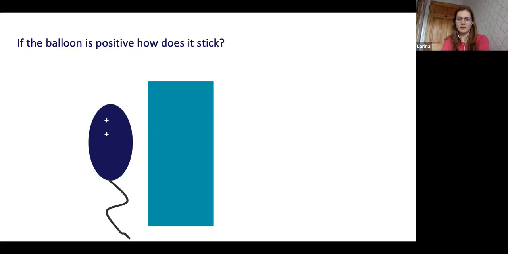Don't worry if it's wrong. Does anyone have any ideas? Go on, so to summarize quickly: in my first example, the balloon induced a positive charge in the wall by repelling electrons in the wall. What do you think is happening here?